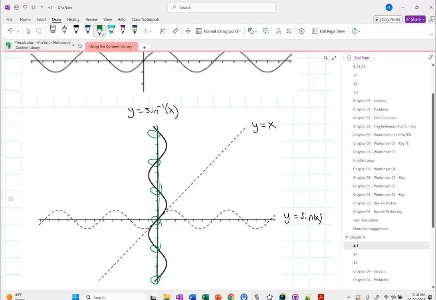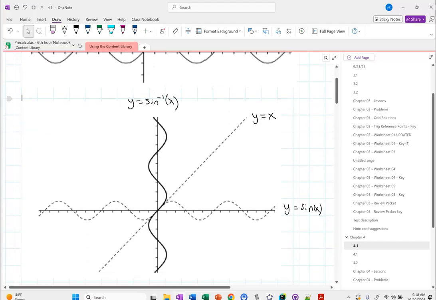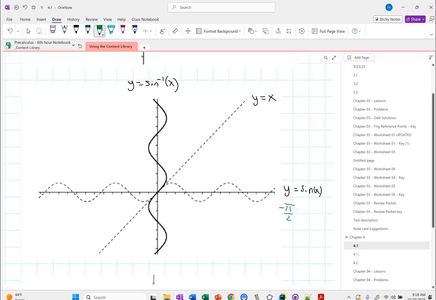Well, what we did in Algebra 2 when we ran into a situation like this is we restricted the domain of the function. So what we say is, okay, what if I only take sine x from negative pi over 2 to positive pi over 2?